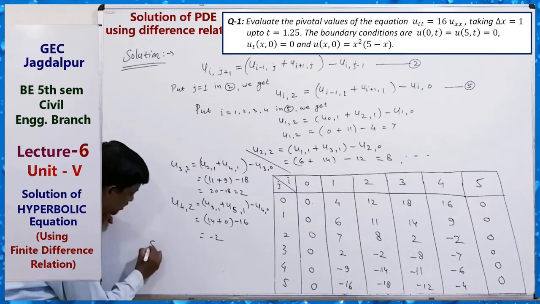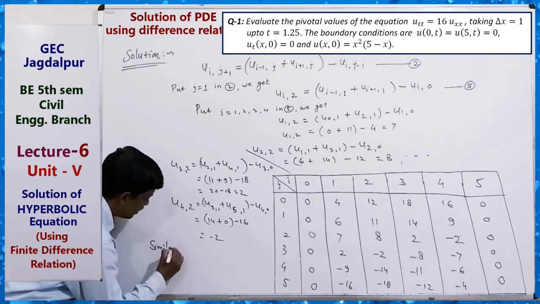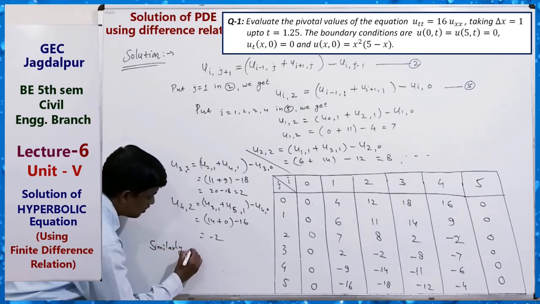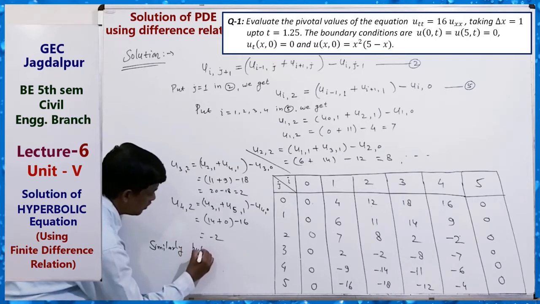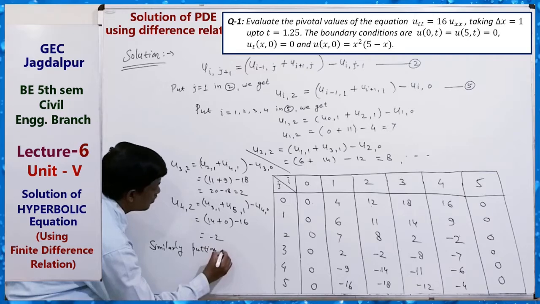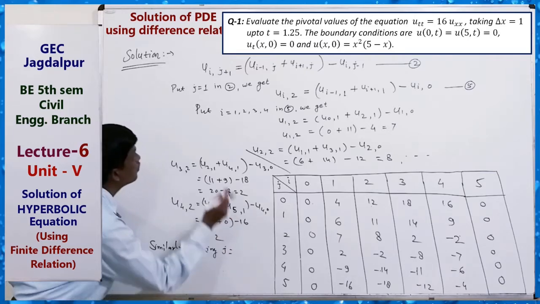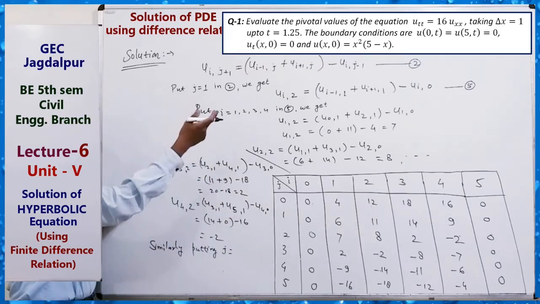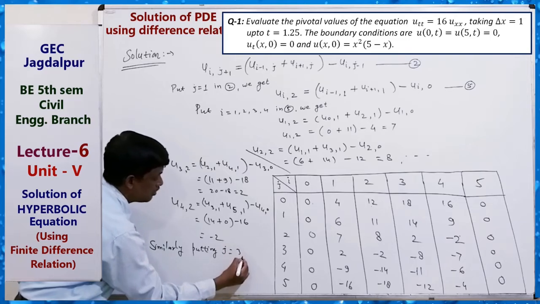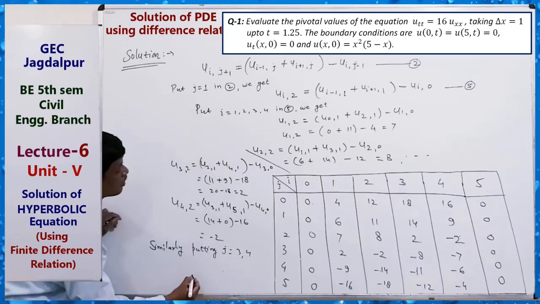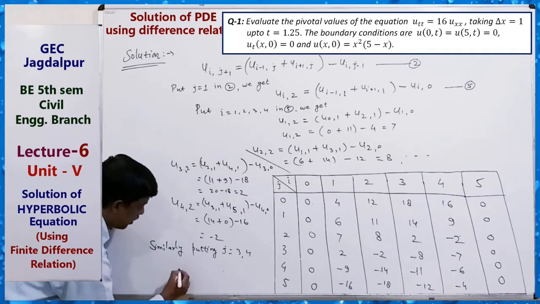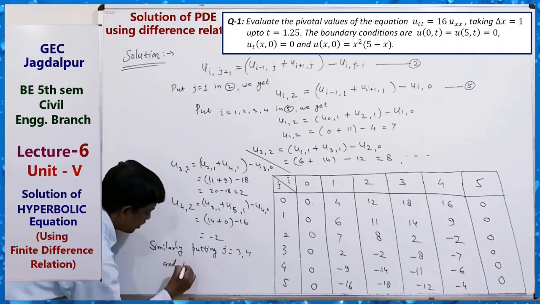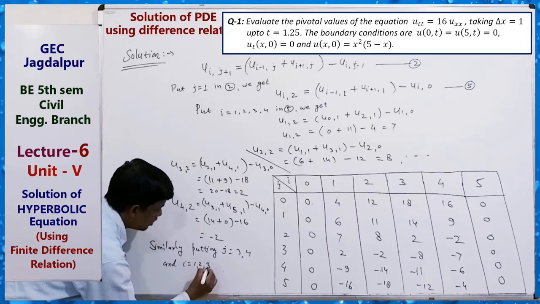We can similarly put j equals to 1, then 2, then 3, 4, and i equals to 1, 2, 3, 4.